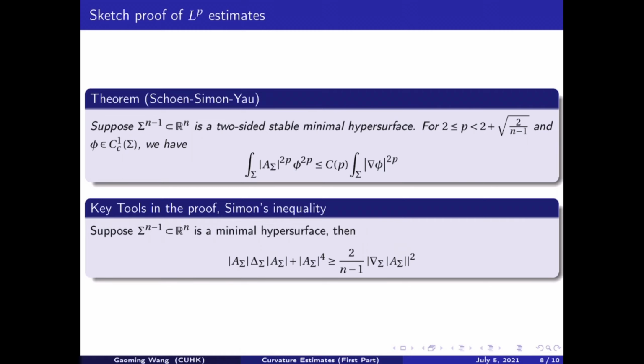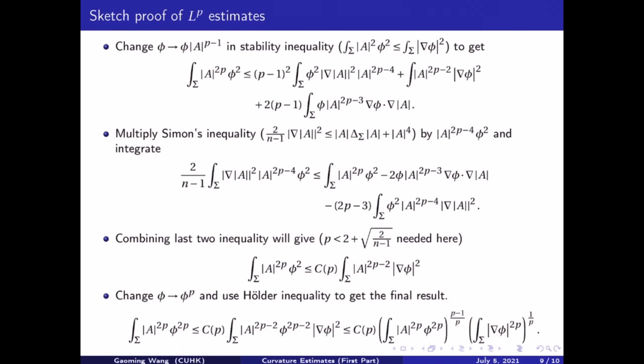For the special case n equal to 3, this inequality becomes an identity, and we call it Simons identity. With Simons identity in hand, we are ready to give the proof of the L^p estimate.